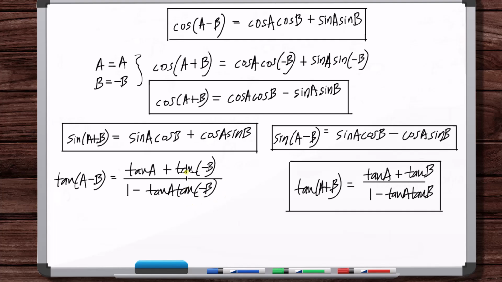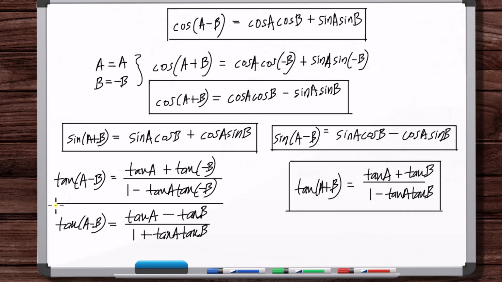Now, the even-odd identities tell us that tangent of minus b is equal to minus tangent b. So we get tangent a minus tangent b over 1 plus tangent a tangent b. And there we go.